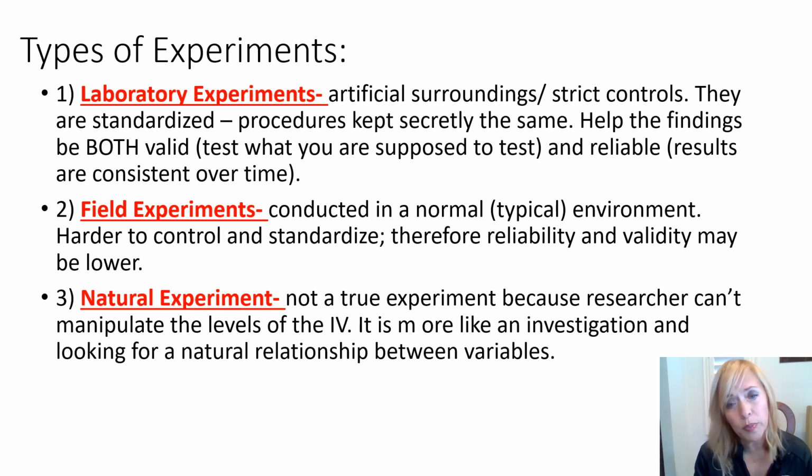Now, natural experiments sometimes are considered not a true experiment because the researcher can't really manipulate any level of the IV. It's more like an investigation. You're just observing in a natural setting, but you're not really manipulating anything. And some people would consider that not a true experiment. So those are your three types of experiments.